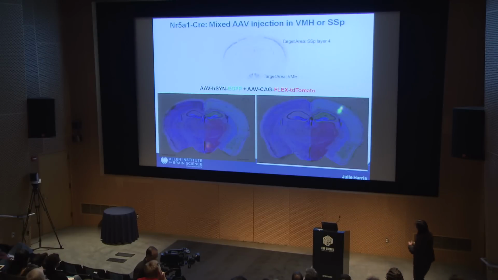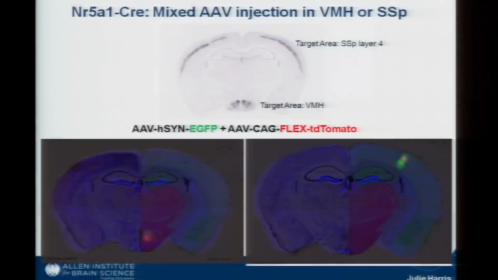And here is an example of some pilot studies on Cre-dependent labeling using a particular Cre line, NR5A1 Cre, which has very specific Cre-induced gene expression in the hypothalamus, in the region called the ventral medial hypothalamic nucleus, as well as in cortical layer 4.